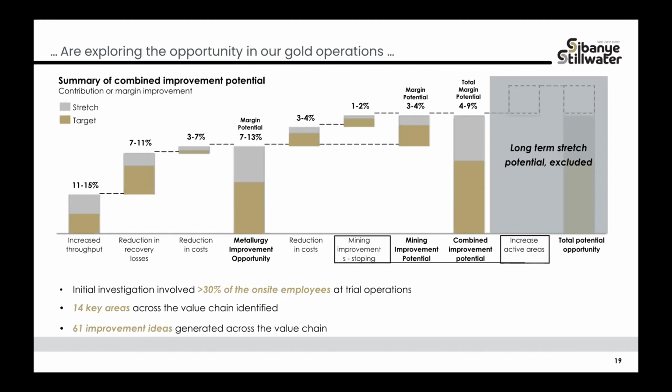More importantly, in terms of the testing we're doing now, 30% of the on-site employees are involved in these processes. So talking to inclusivity and diversity of thought specifically, the 14 key areas of our value chain which we've identified improvements in, and specifically 61 ideas generated that are delivering value in each of these respective value chain areas, which is important to us.